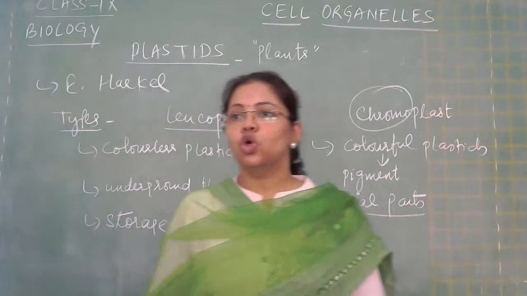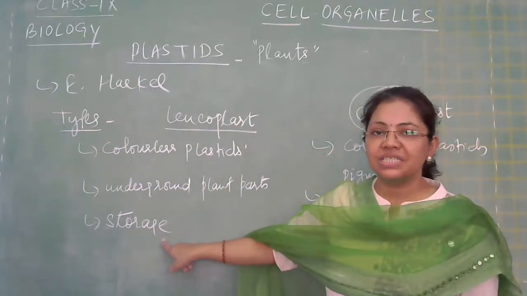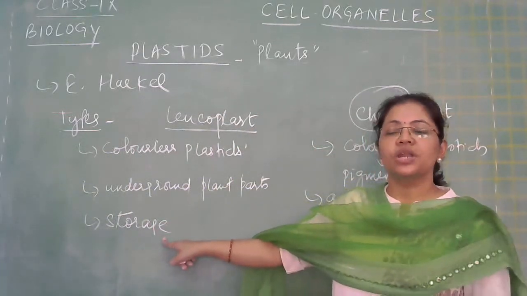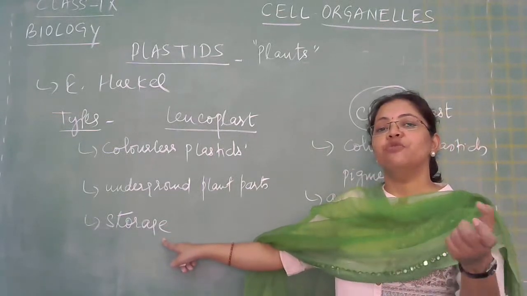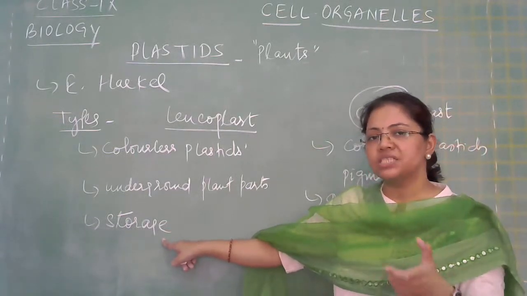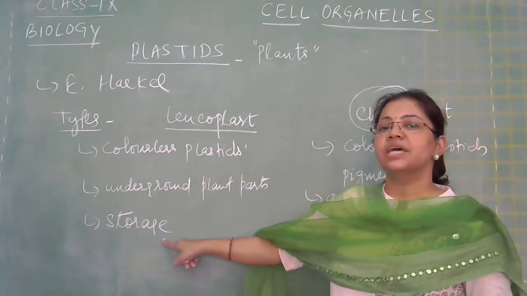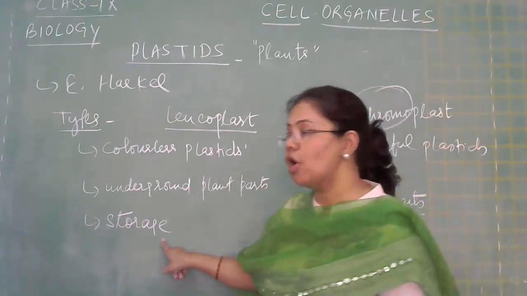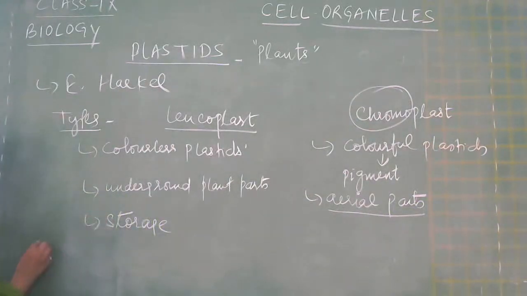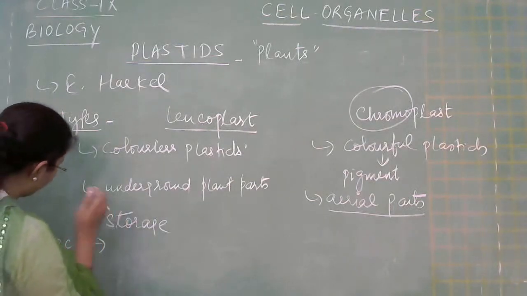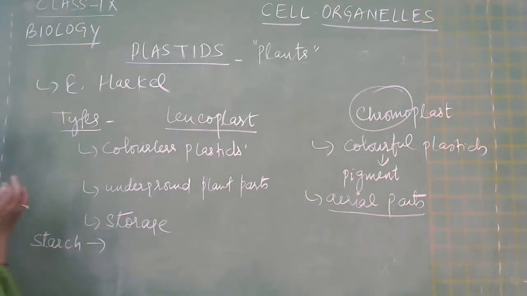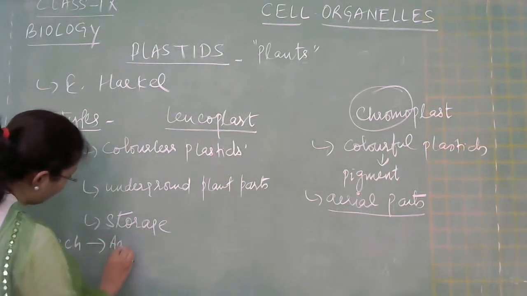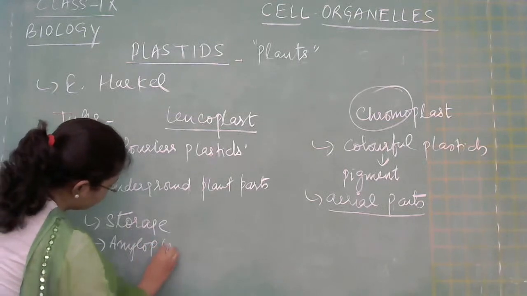Another one is that the main function of leucoplast is storage. Yes, leucoplasts store different substances, and based on which type of substance they are storing, they have got different names. For example, the plastids which store starch we call amyloplast, right?